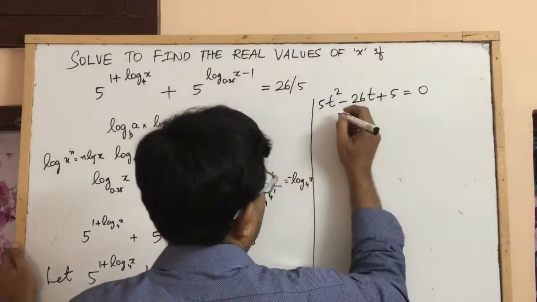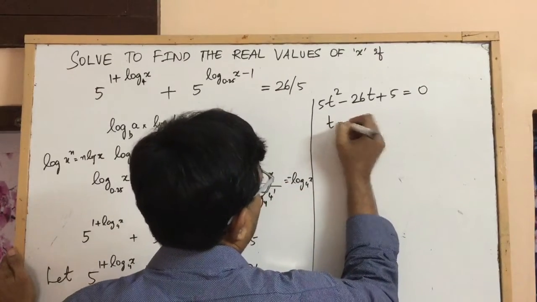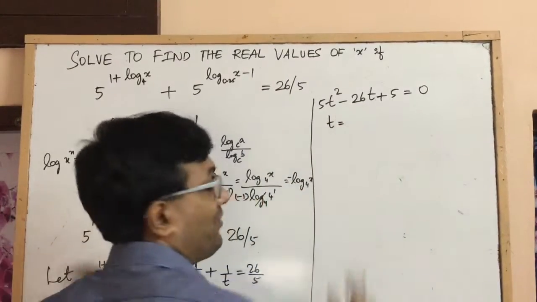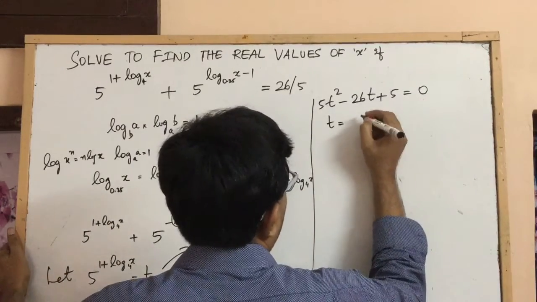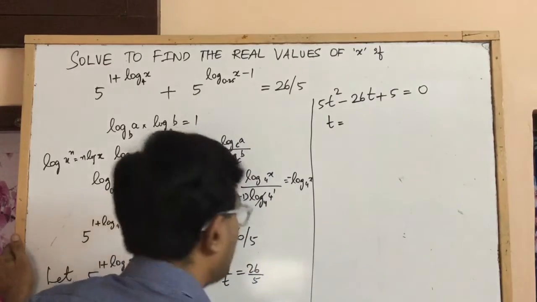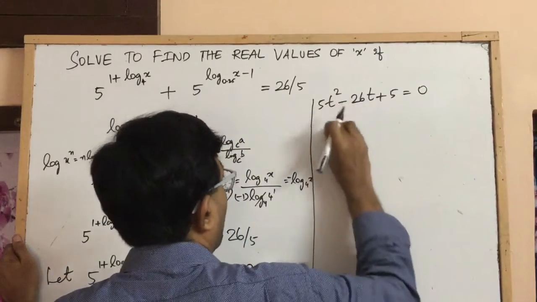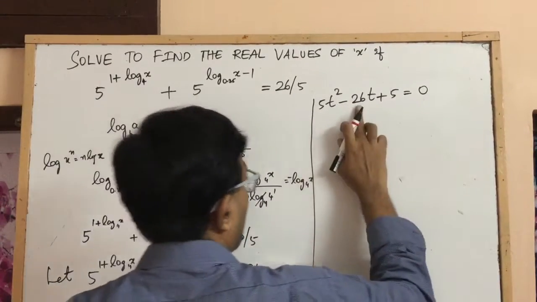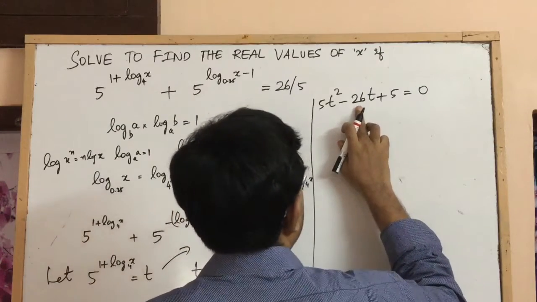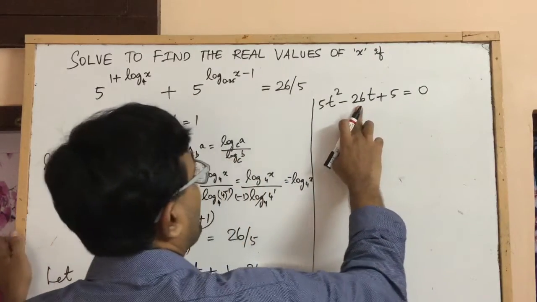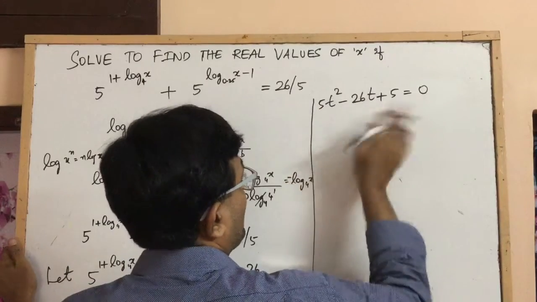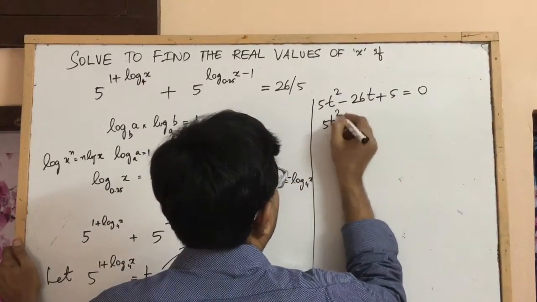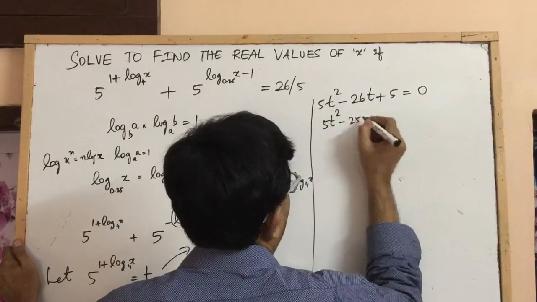So we could solve this, right? This would be t is equal to, using the standard formula. Or we could factorize this as well, not a big deal. Actually, we are looking for two numbers whose sum is 26 by 5 and whose product is 1. Not a difficult task.